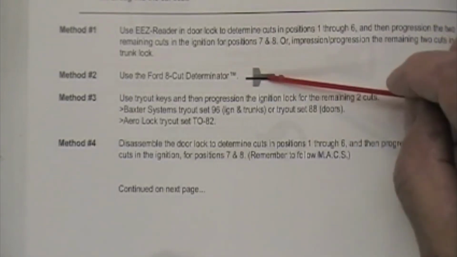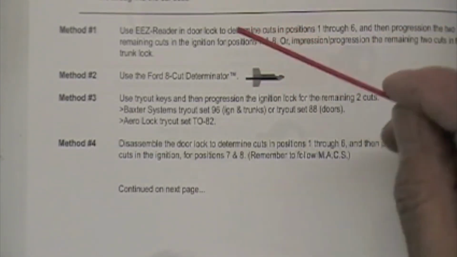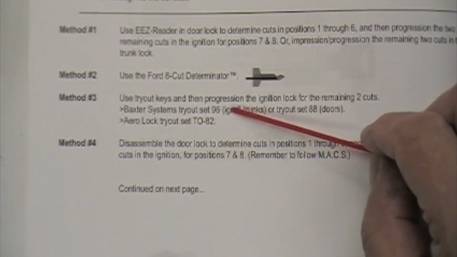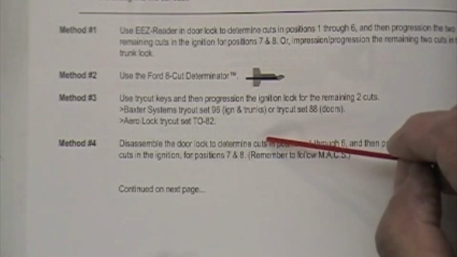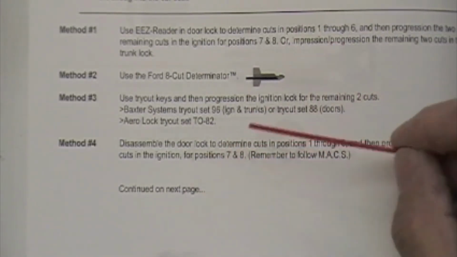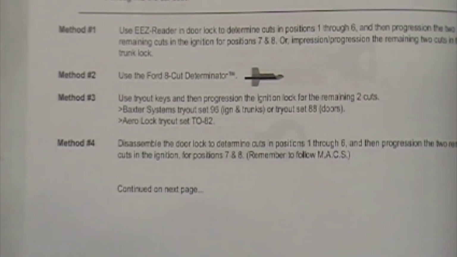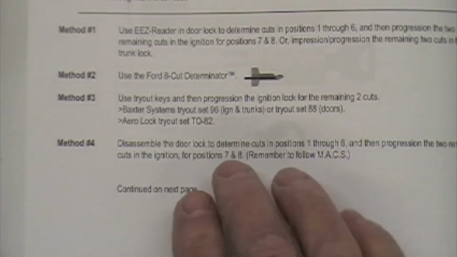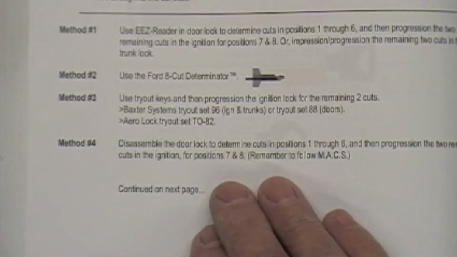I'm not going to look at the determinators, but I am going to show other types of readers. Try-out keys, I'm going to show you what that is. And then number 4 is to disassemble the door lock, and we're not going to do that. I am going to show you some locks disassembled, but we're not going to actually do that to make the key for this first vehicle.